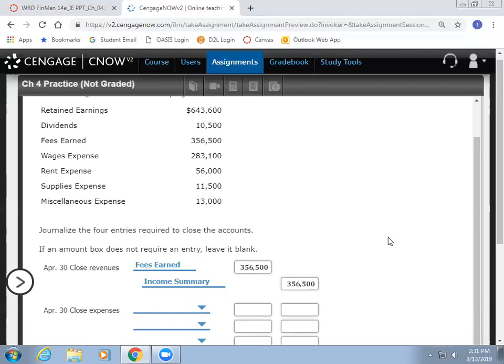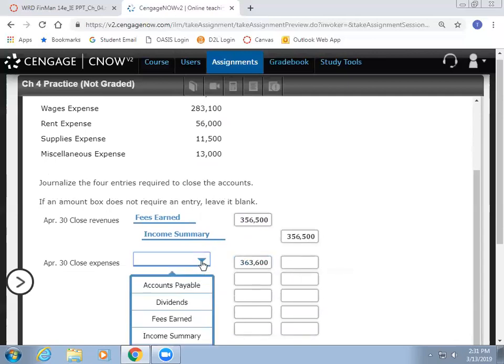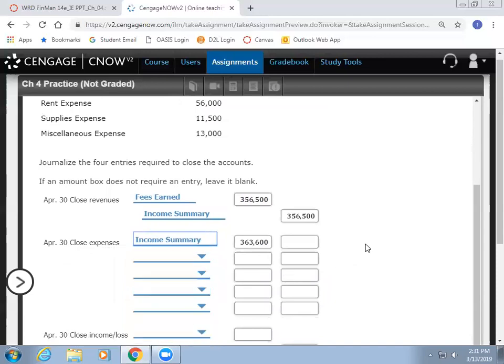And for time's sake, I will just give you the totals. Copy them over very well. Okay. Should be 363,600. So that gets debited to income summary.